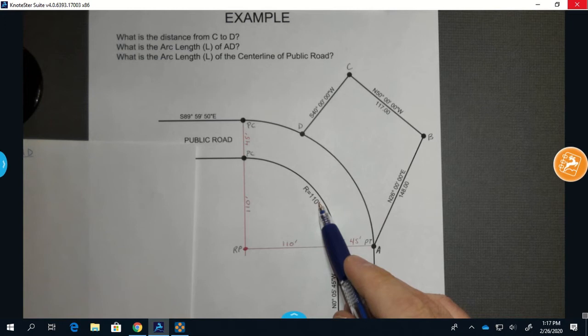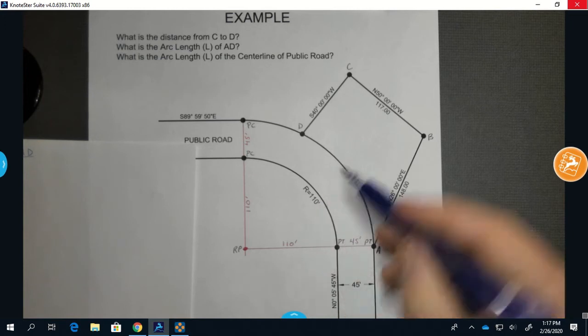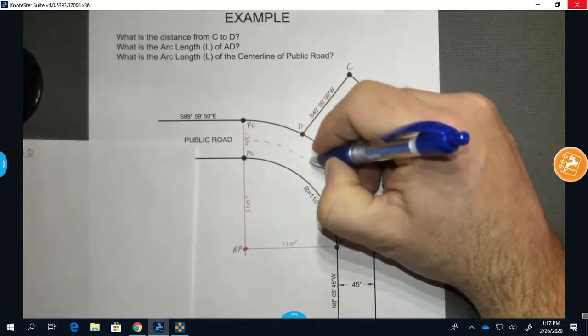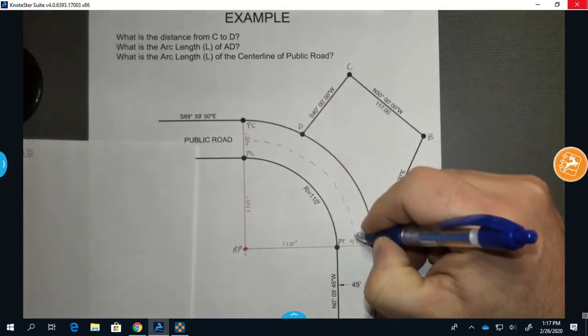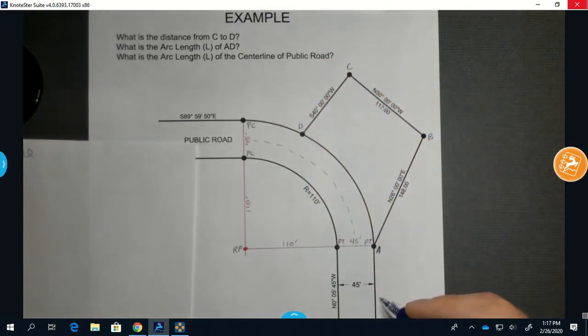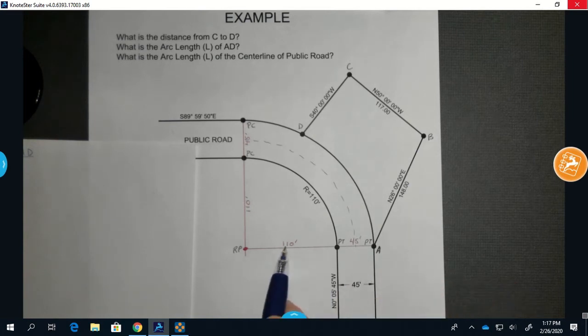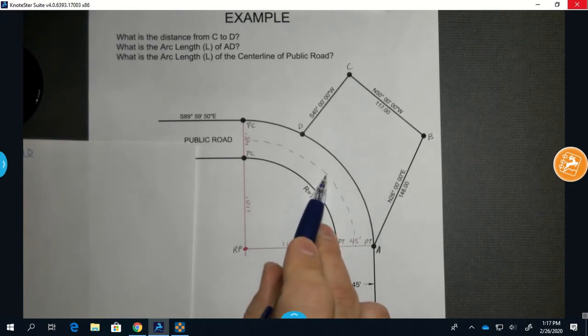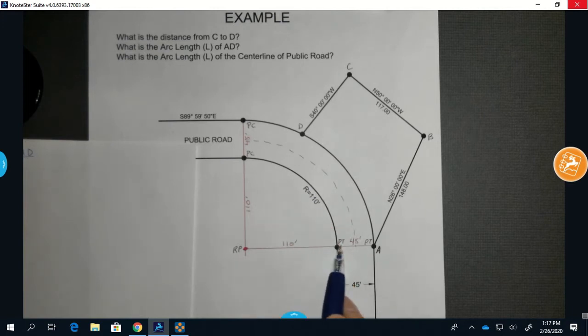But the thing to pay attention to is we're looking for the length along the center line here. I'm given a radius at this arc of 110, but I need to be out here. I know that the road width is 45, so in order to find the radius, I need to take 110 plus half of 45.